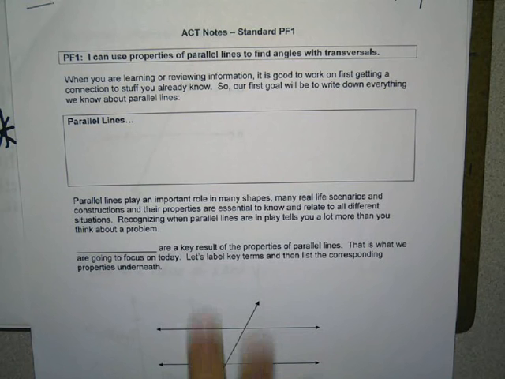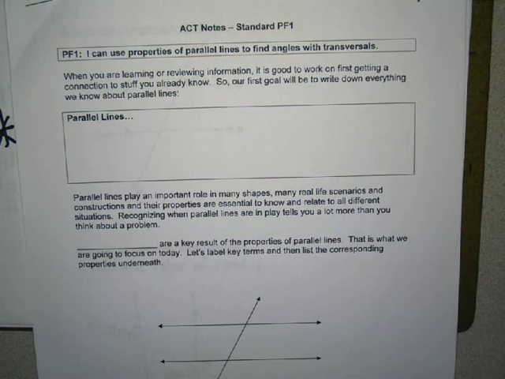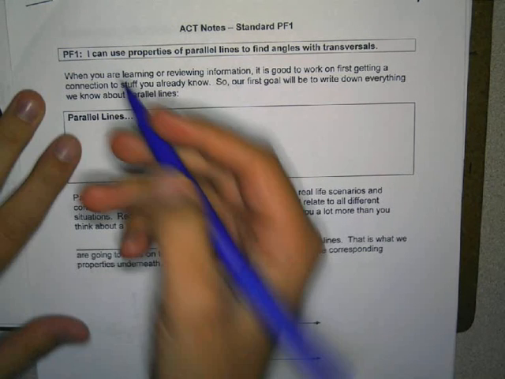All right, so parallel lines, because parallel lines are how transversals exist. Let's figure out what we know about parallel lines in general. So, anybody want to volunteer something about parallel lines that's true? They never cross. Is that what you're going to say, Alan? Okay.